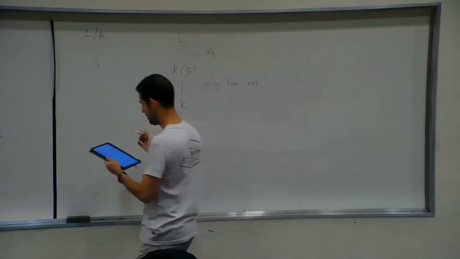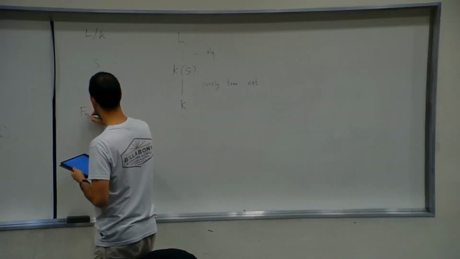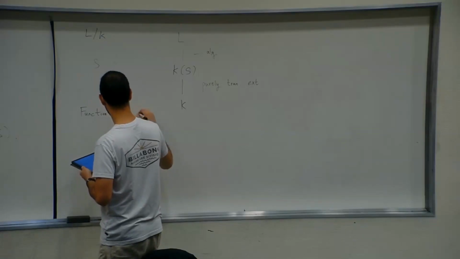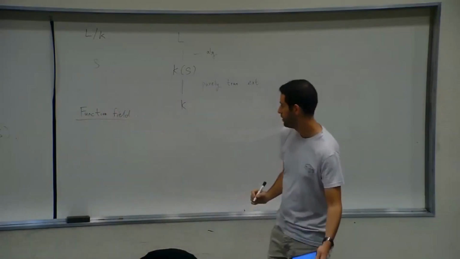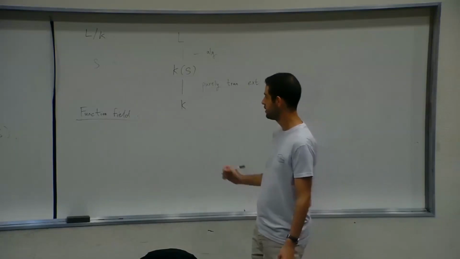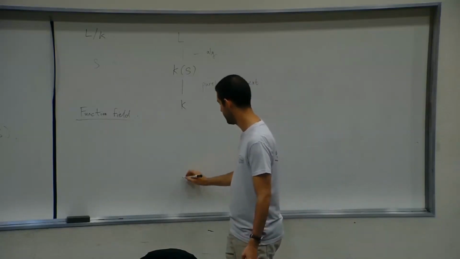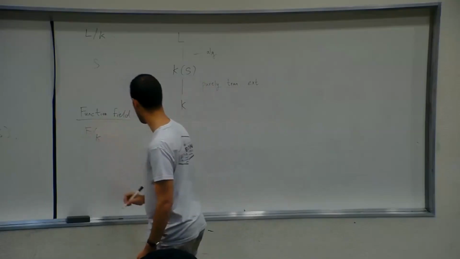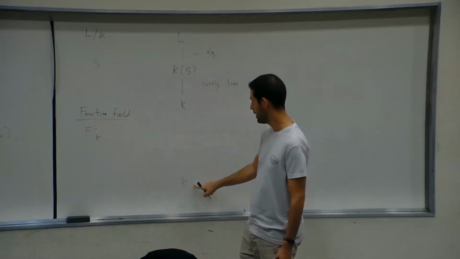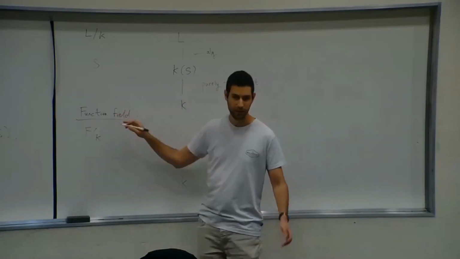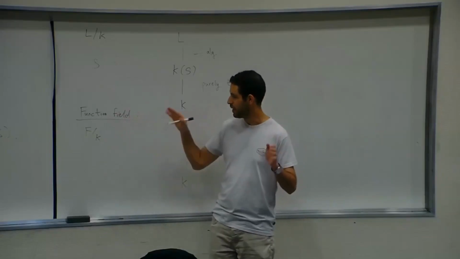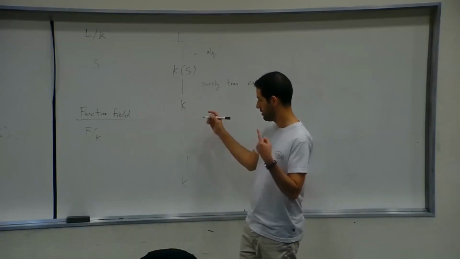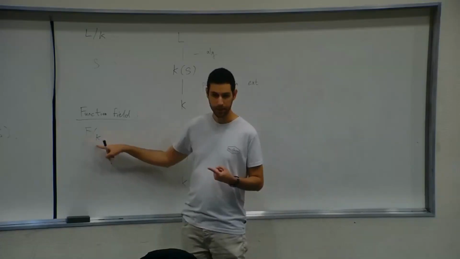For example, the case of a function field, which we defined today, is just what? It's a field extension. So we have F over k is a function field. If we have the field k, a function field is always an algebraic function field in one variable in this recitation. So it has transcendence degree 1.